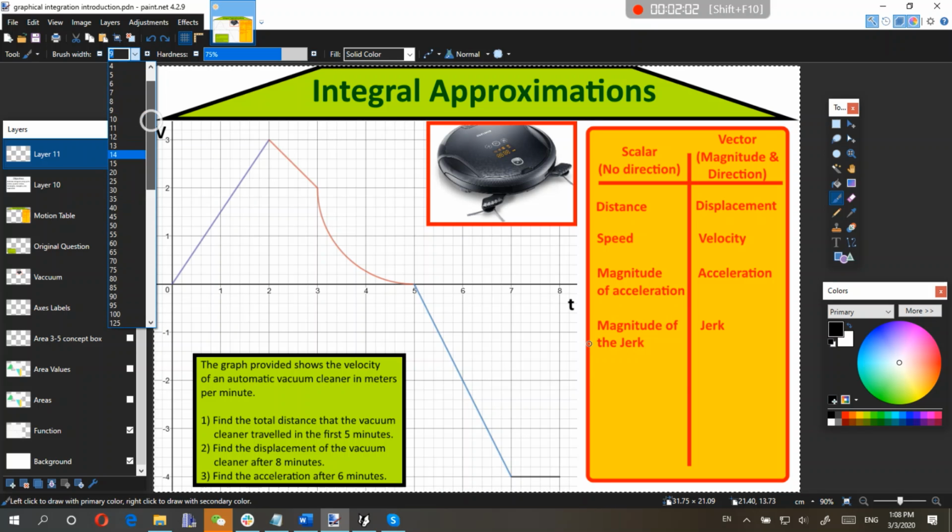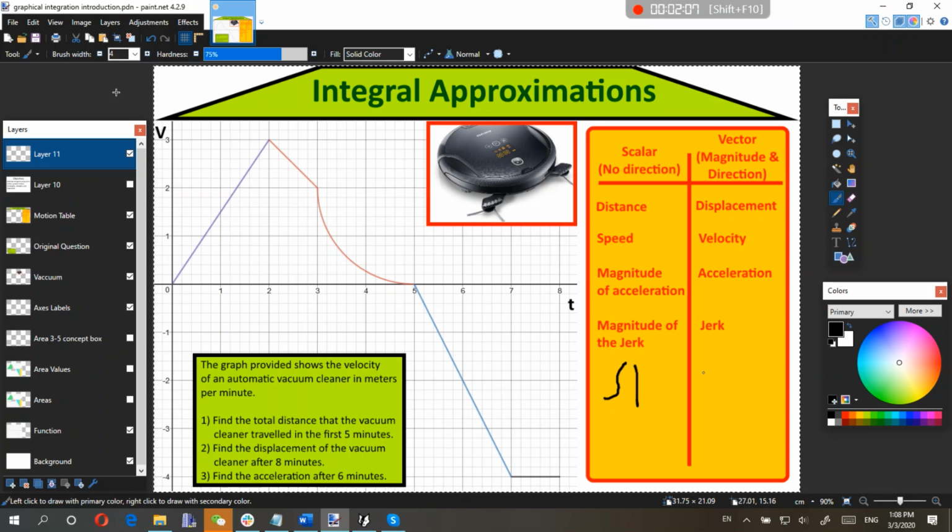The integral of the absolute value of our velocity in terms of time would be equal to our scalar distance, or total distance traveled. If you just integrate velocity without the absolute value, so if you just do this, then you'll get displacement.